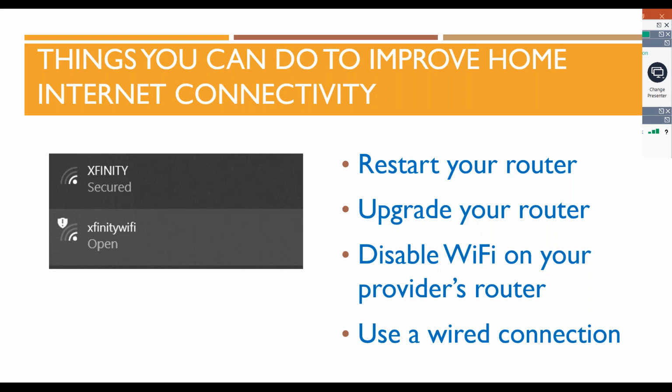So here are some things that you can do to possibly improve performance. The very first thing is to restart your router. If you have a router that's provided by your service provider, whether it's Comcast or AT&T, the recommendation is to restart it every few days. The reason is that these routers are working differently than they were designed to work.